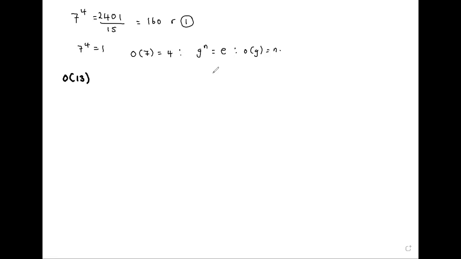And you understand that if you write 13 in this group, it will be the same as -2 modulo 15. Meaning, it just makes sense to say, if I'm squaring 13, it's the same as I'm squaring this one.